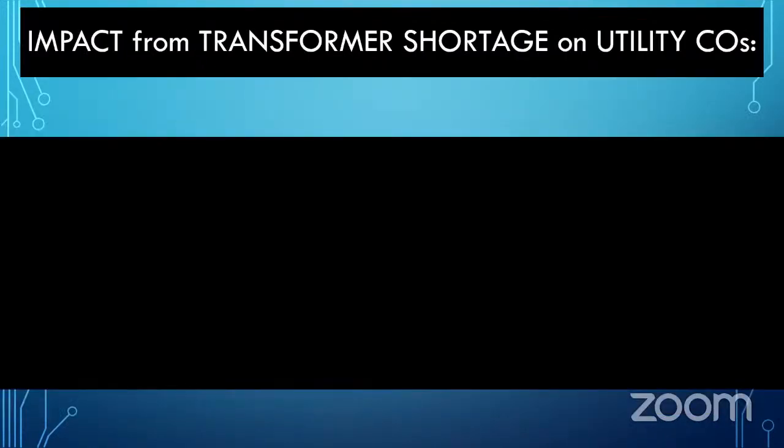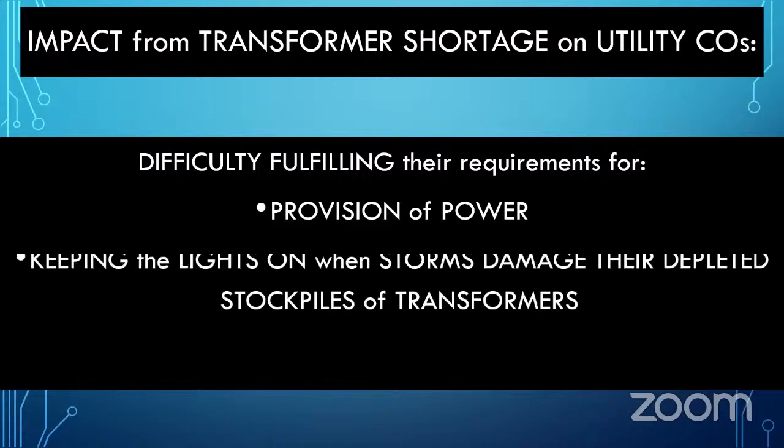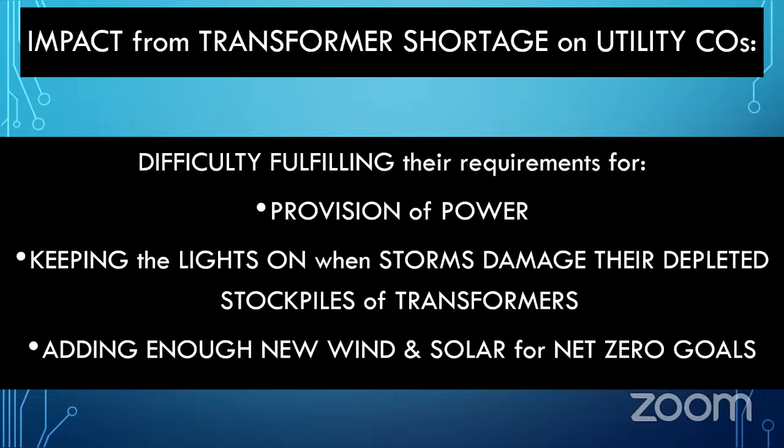What about the impact from transformer shortage on utility companies? Difficulty fulfilling their requirements for provision of power, for keeping the lights on when storms damage their depleted stockpiles of transformers, for adding enough new wind and solar for net zero goals.